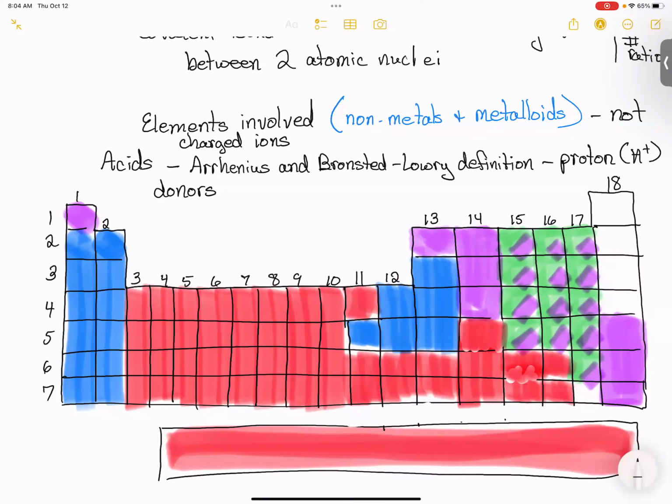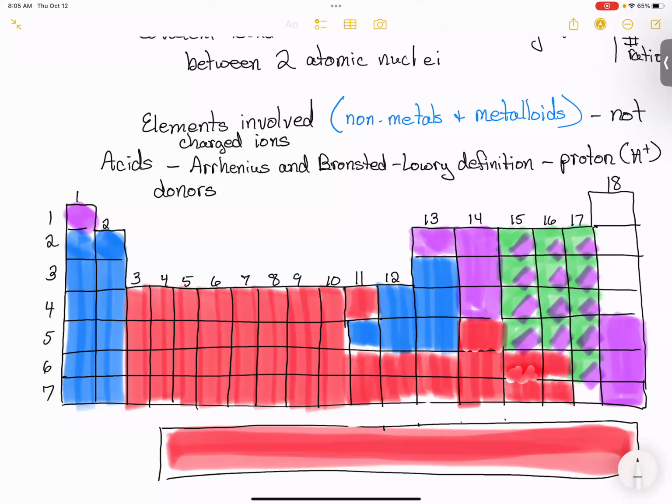Roman numerals. And we'll go over the Roman numerals a little bit more here soon. Now, folks, these Roman numerals, if I give you the name, of course, I'm going to give you the Roman numeral. So I will be telling you the charge.